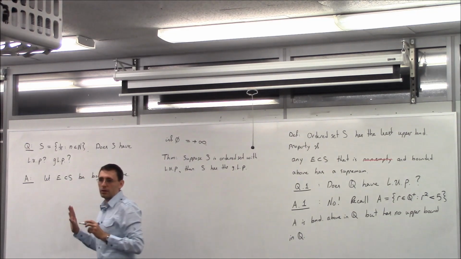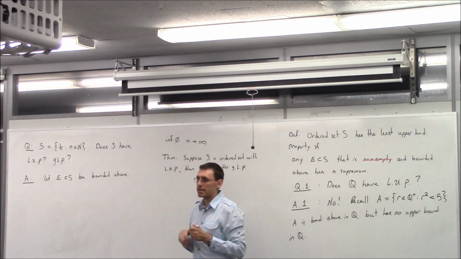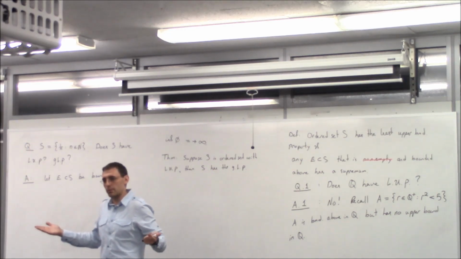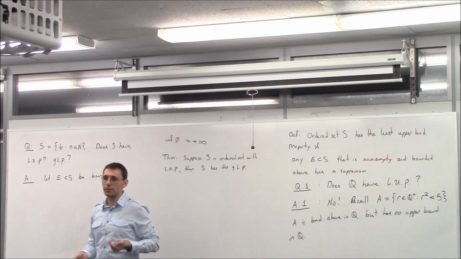We're not going to do it formally, because this set is a subset of R. If you understand R, you can argue it pretty well. But let's answer it intuitively. Will it have a supremum?